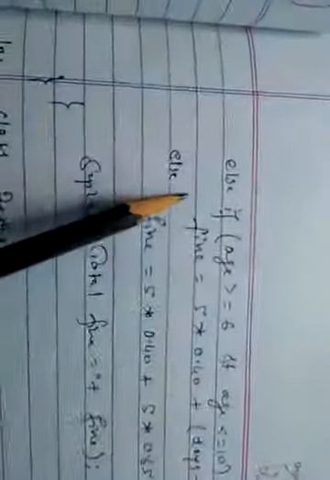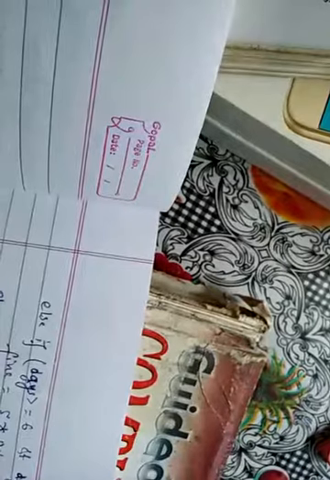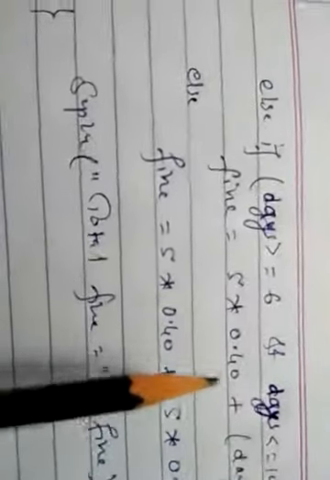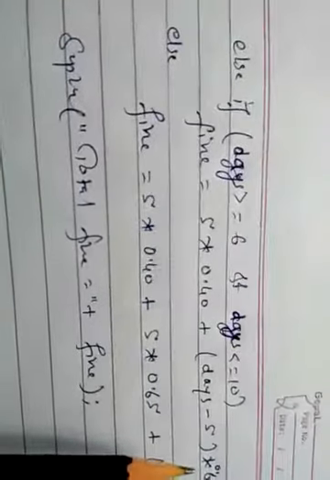And the next condition: if the days is greater than or equal to 6 and less than 10, the fine will be, for the first 5 days, 0.40 plus (days minus 5) into 0.65.